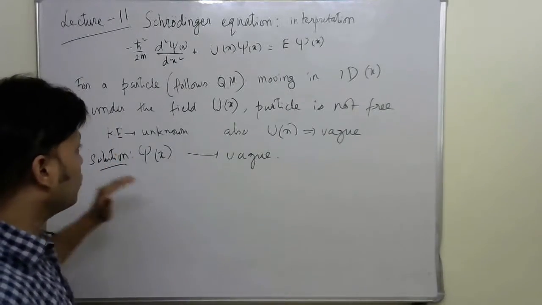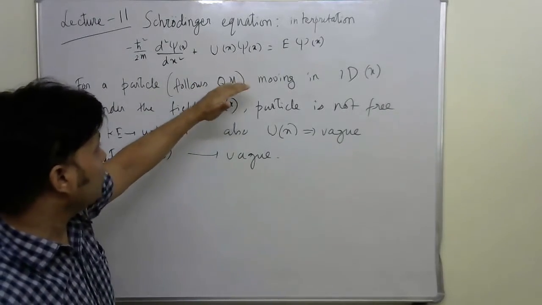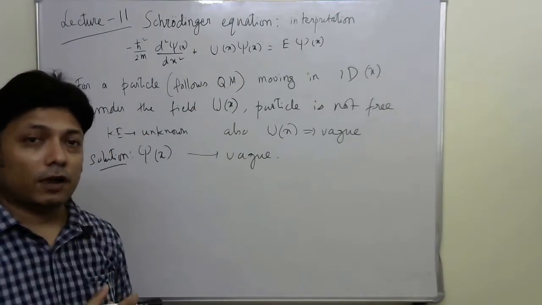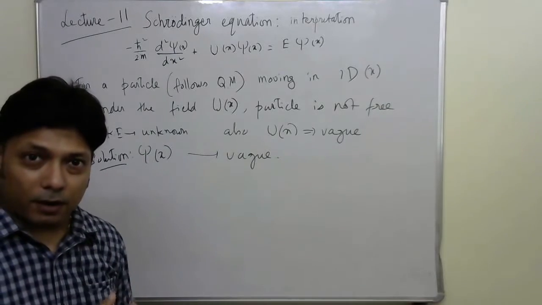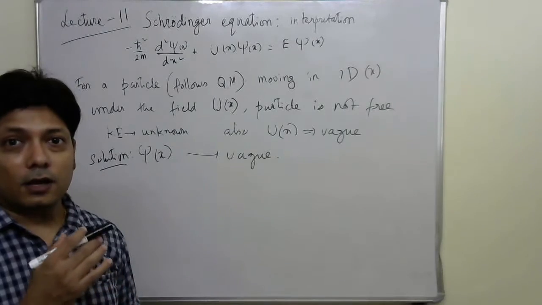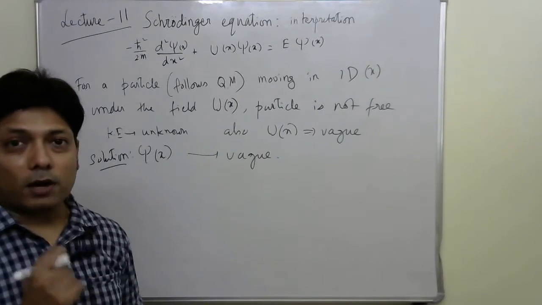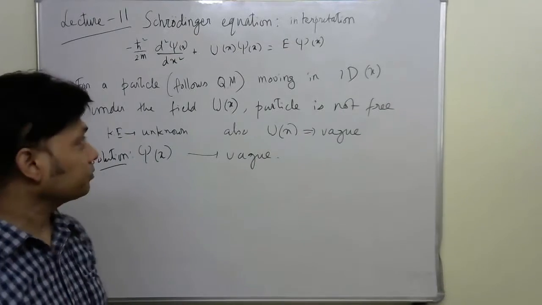This is the correct way to understand and interpret the Schrodinger equation that we have just derived in a time independent manner right from the classical physics of vibration of a one-dimensional string.